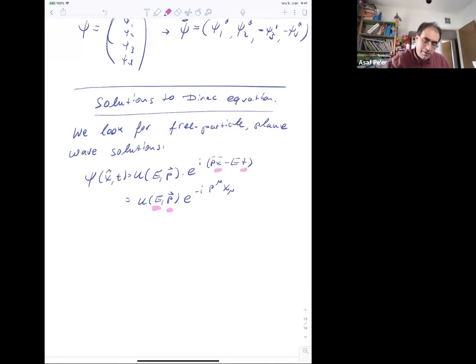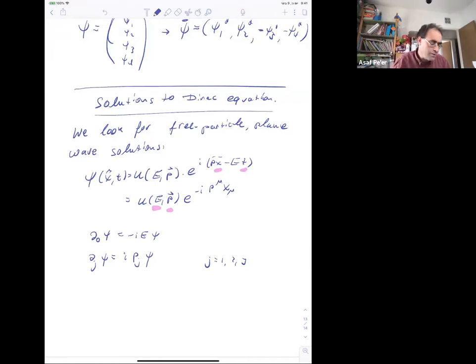So when I take the derivative, d0 psi gives minus i E psi, and d_j psi gives i p_j psi, so d1 is d over dx, d2 is d over dy.